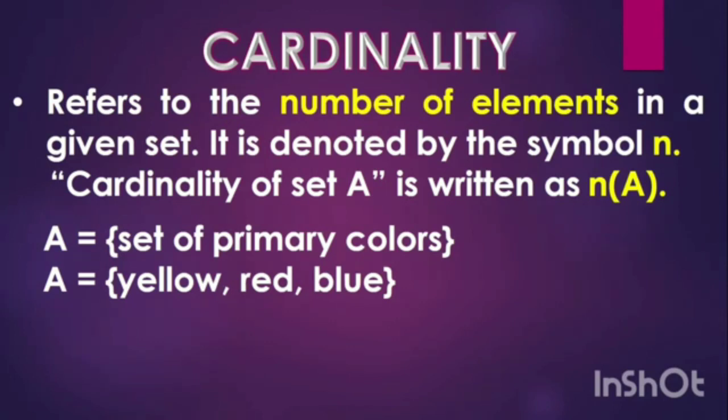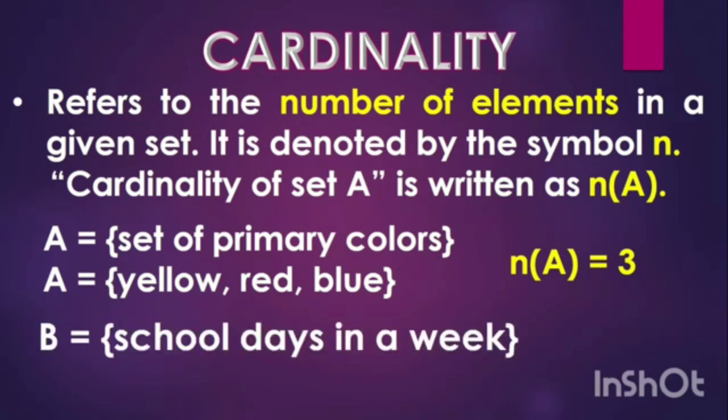So we will be writing cardinality of set A is equal to 3. So 3 is a number. 3 is the number of elements. So, small letter n, the name of the set enclosed by the parentheses, and then the number of elements.